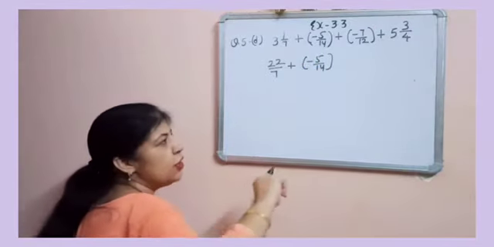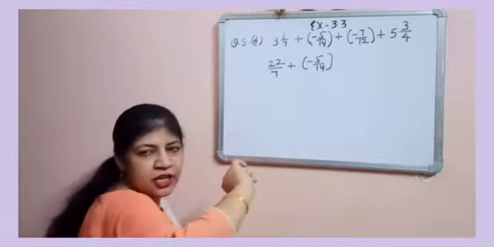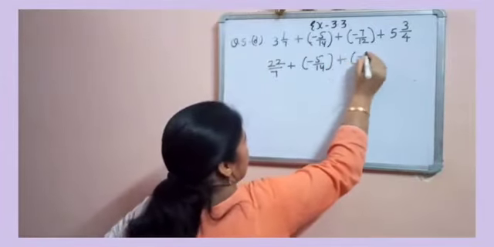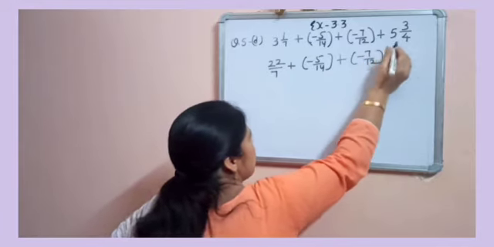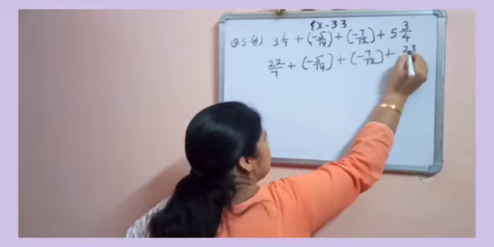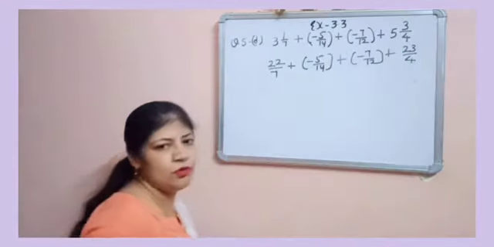Always prefer to write negative rational numbers inside the bracket. Now plus minus 7 by 12, 5 4s are 20, 20 and 3, 23 by 4.